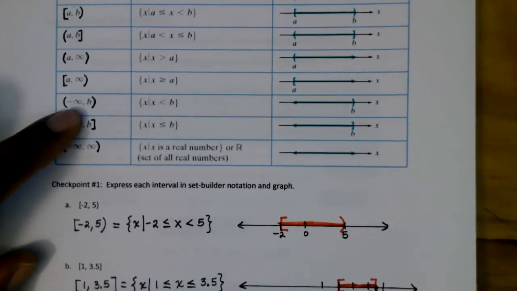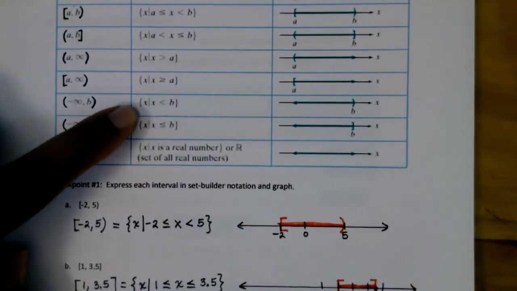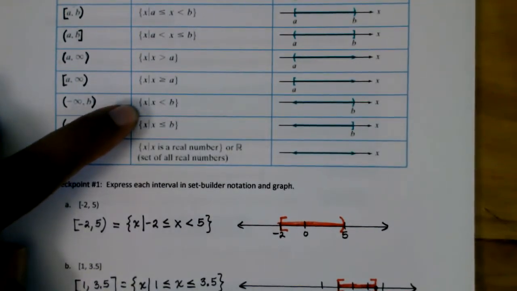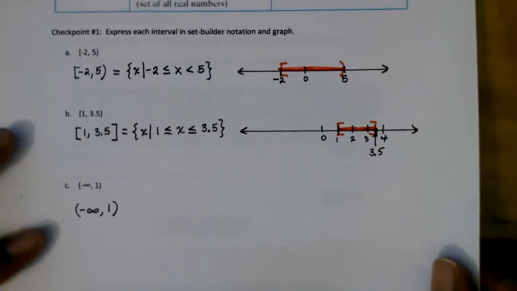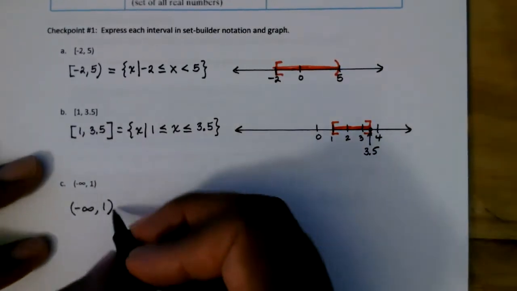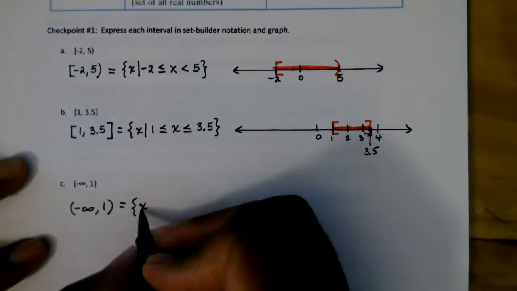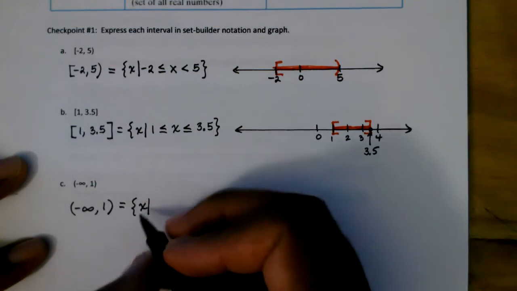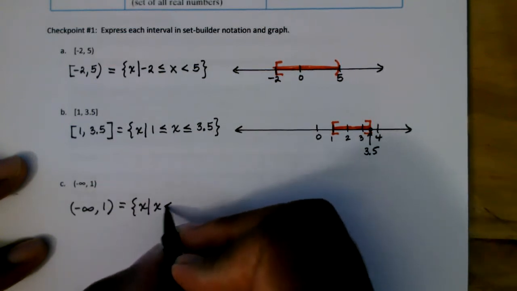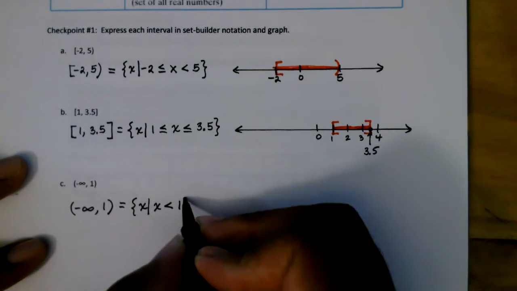So it's got to be this one right here. And this is your set builder notation, the set of all x such that x is less than b. So in this case, -infinity to 1 is, in set builder notation, the set of all x such that x is less than 1.